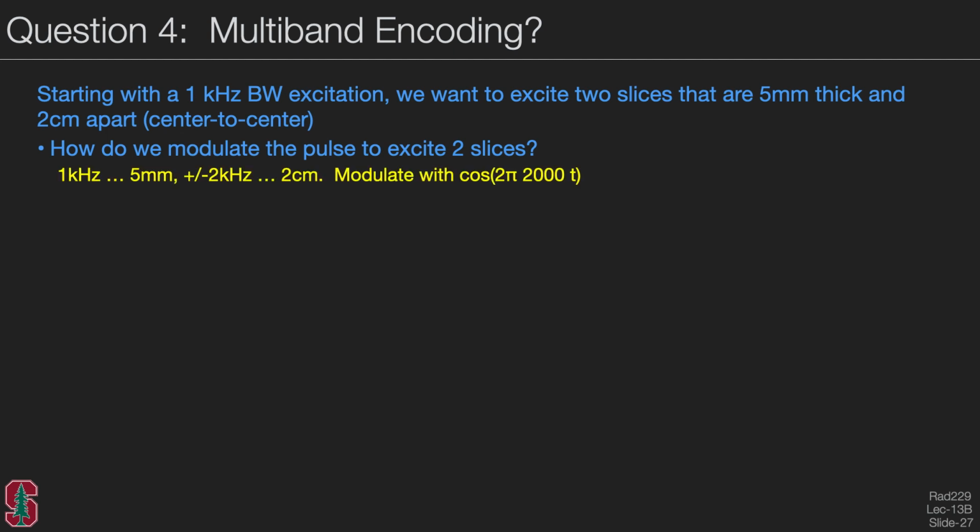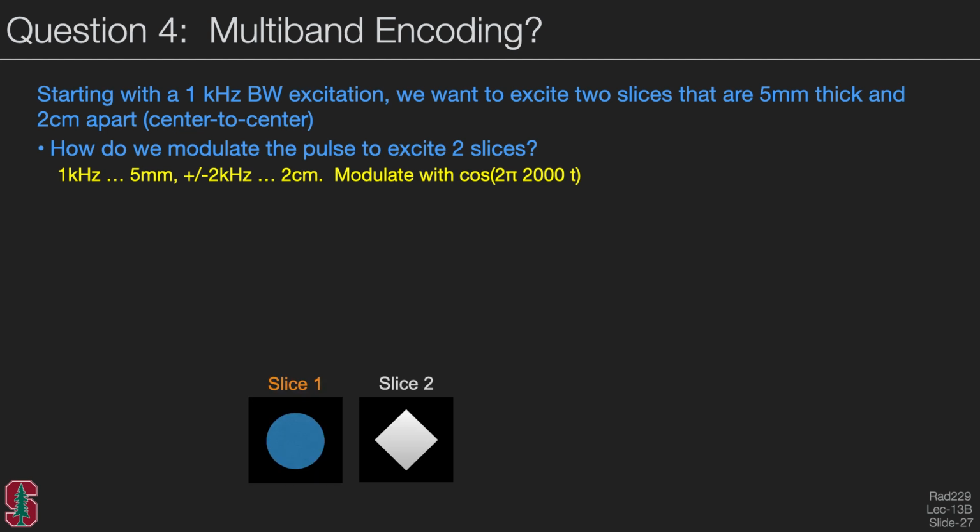And the answer here is that if we look at the 1 kilohertz bandwidth and that maps to 5 millimeters, then essentially we need plus minus 2 kilohertz to get that 2 centimeter spacing between slices. So we've chosen the slice-select gradient to give us the proper slice width, and then from that we need a plus minus 2 kilohertz separation for the slices. So we modulate this with a cosine of 2 pi times 2000 hertz. So here's a picture of slice 1, here's a picture of slice 2.